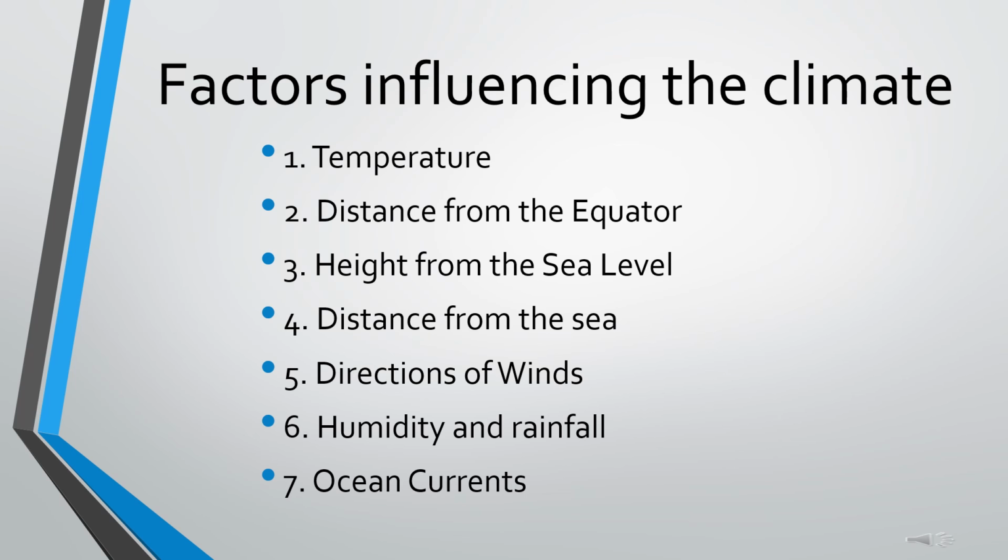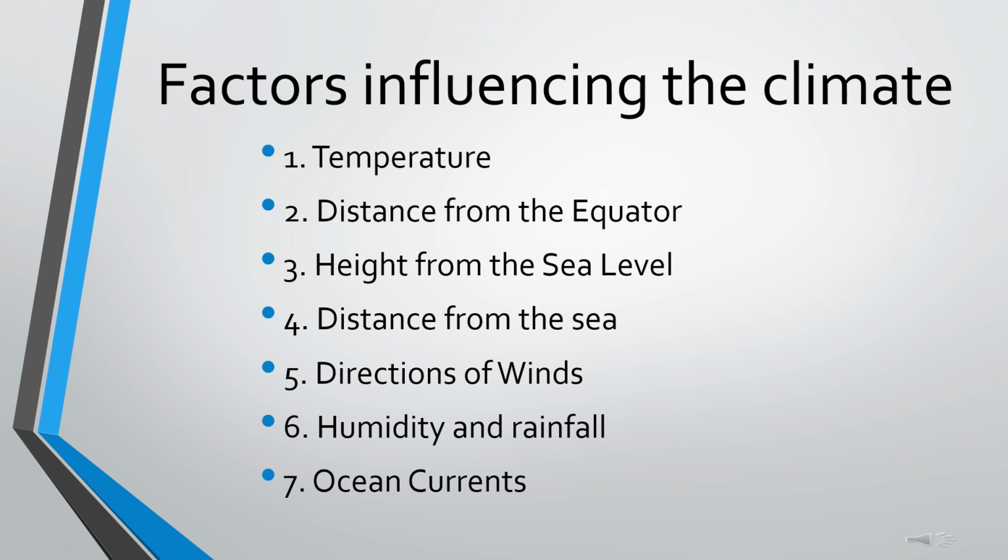Now we are going to study factors influencing the climate. Some of the factors influencing the climate are mentioned below. The first one is temperature. Number 2, distance from the equator. Number 3, height from the sea level. Number 4, distance from the sea.